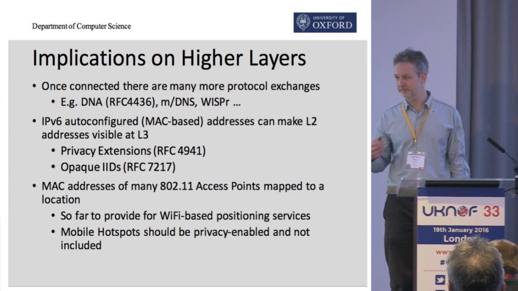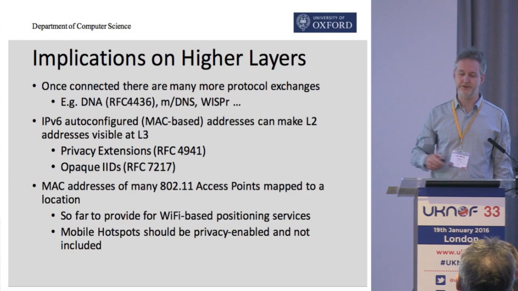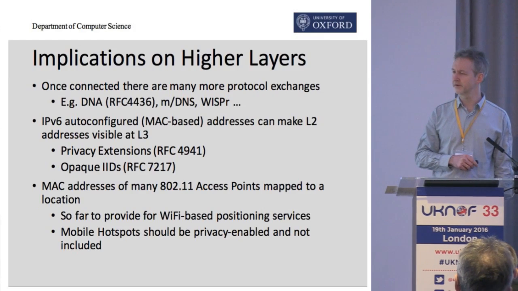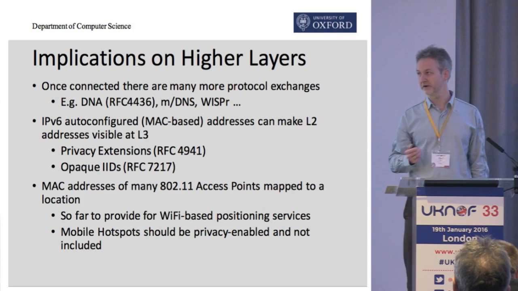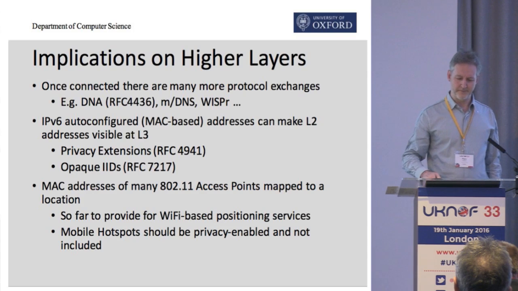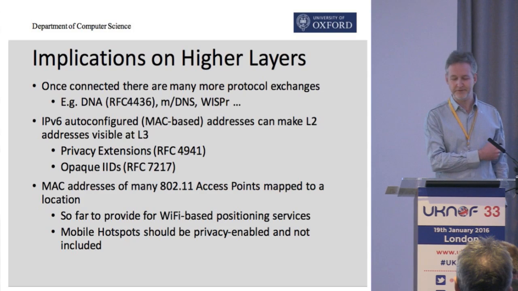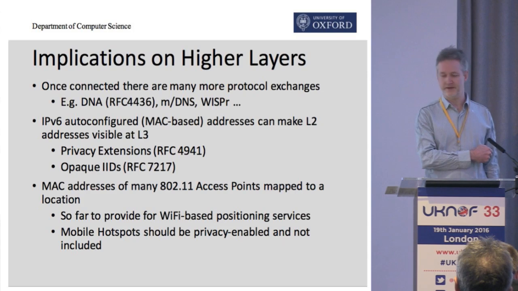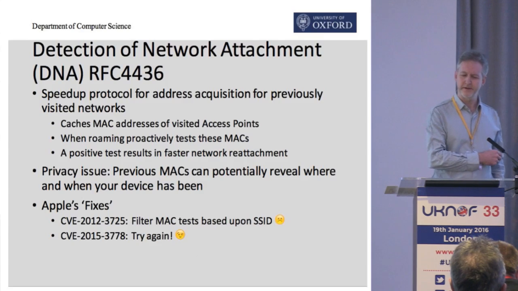The privacy extensions one means that the host bit of the address gets changed, and that's actually the default on a lot of operating systems, and has been for some time. Things like Windows and iOS have been doing that for a while as default. And then MAC addresses have been mapped so that they can be used for Wi-Fi based positioning. But people are probably aware of that.